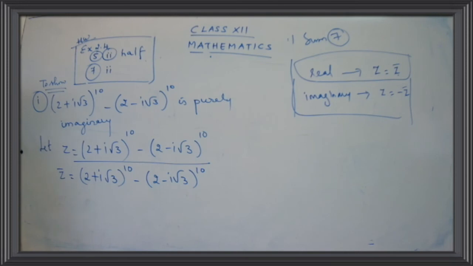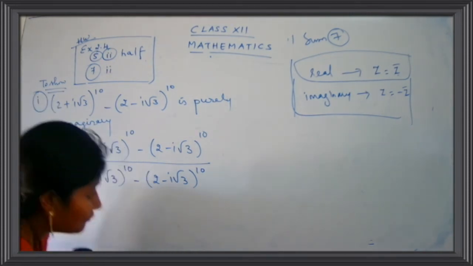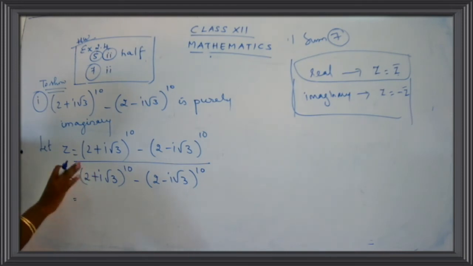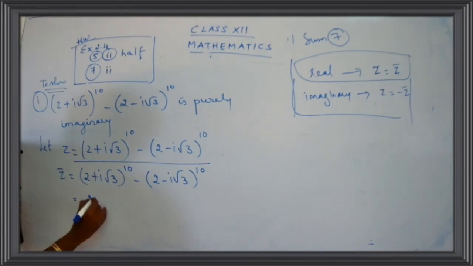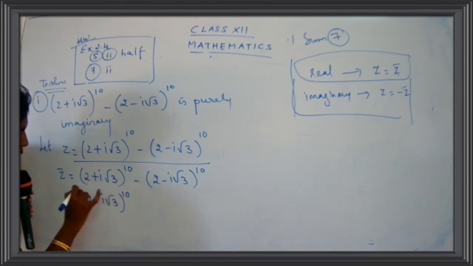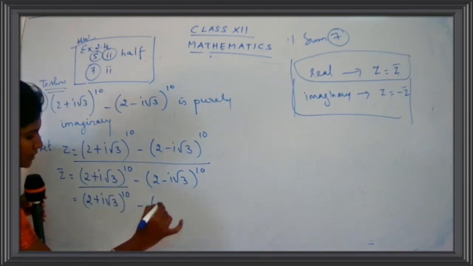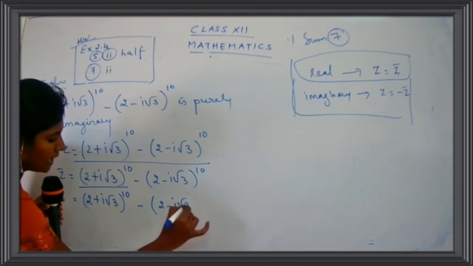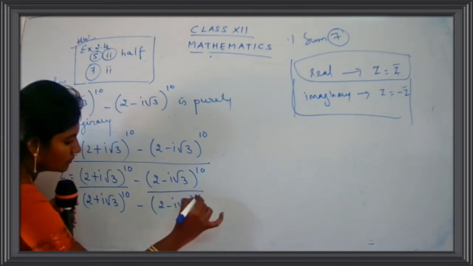Good. Now let us go for the next step. So this is equal to... now we have a bar over both the numbers together. So now you have to give the bar separately: bar of (2 plus i root 3) whole raised to 10, minus bar of (2 minus i root 3) the whole raised to 10.